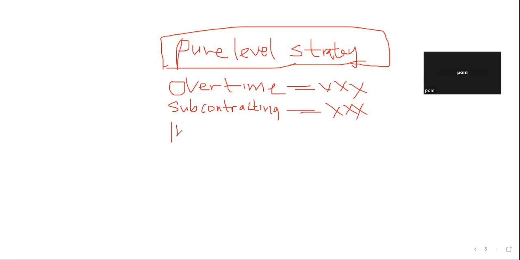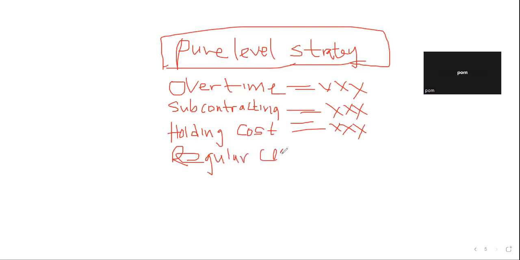Of course, you can also have the holding cost in an event when they have produced more than demand. What happens? You can keep whatever excess they have produced in the warehouse. Then the other one is the regular cost.